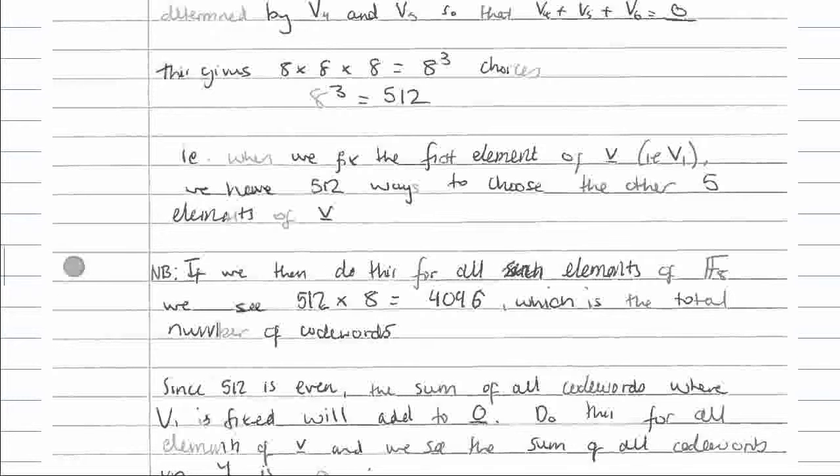Okay, so if you fix the first element of V, you've got 512 ways to choose the other 5 elements. Let me check this.